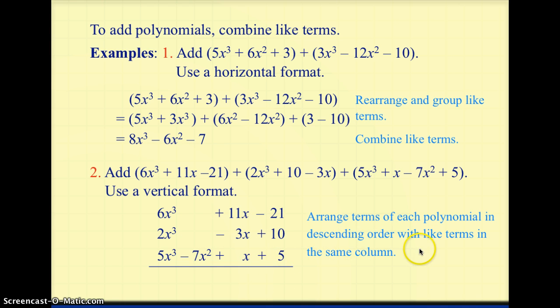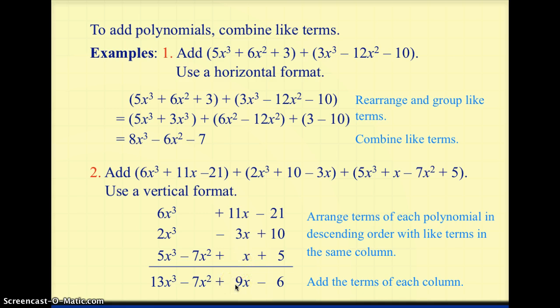You are going to arrange the terms of each polynomial in a descending order with like terms in the same column, which is what I just showed you. Then you can simply add them up. So you have negative 21, positive 10, and positive 5. When you add them together, you get a negative 6. Here you have positive 11, negative 3, and positive 1.